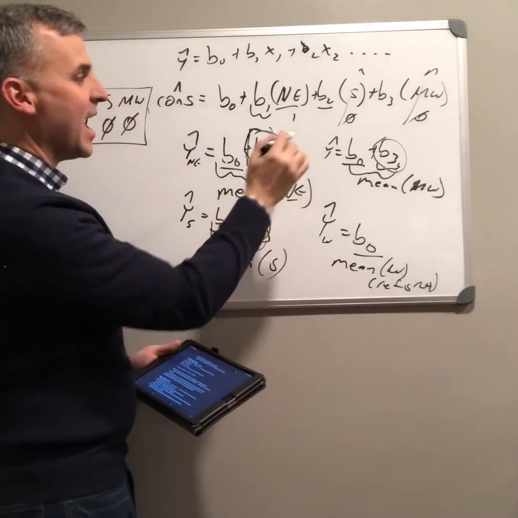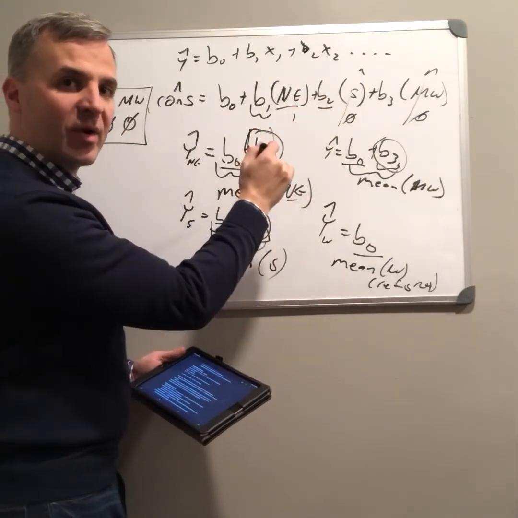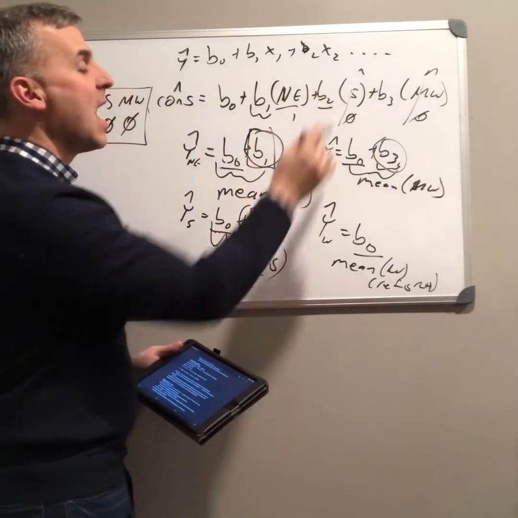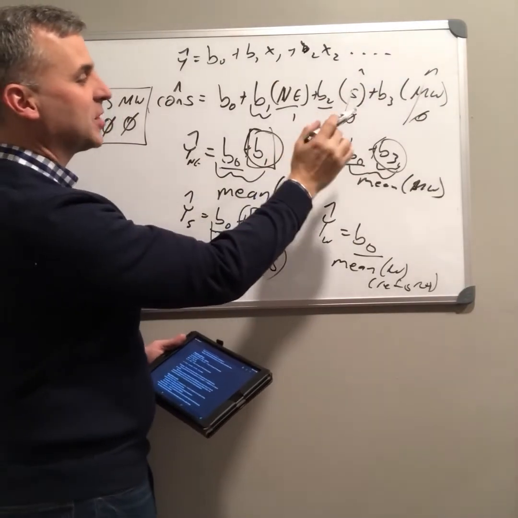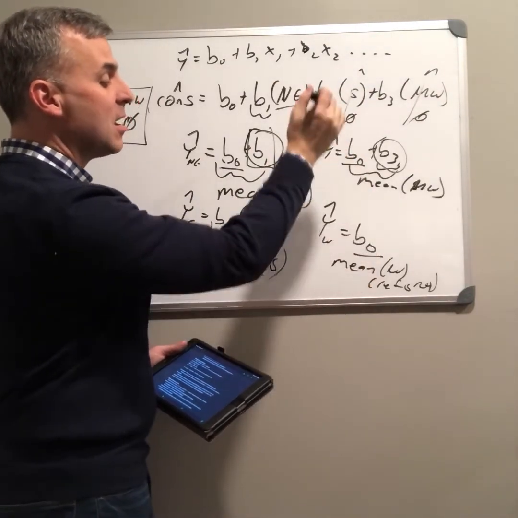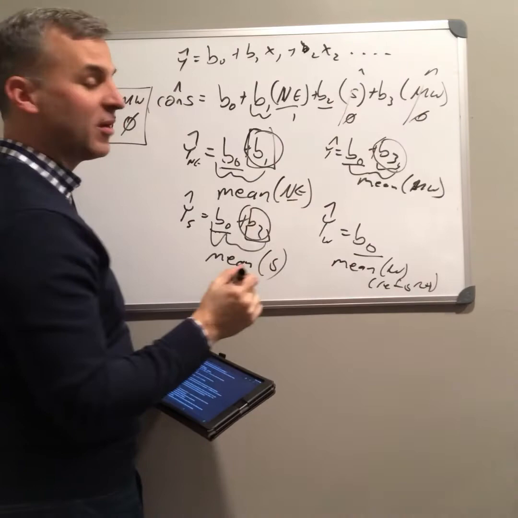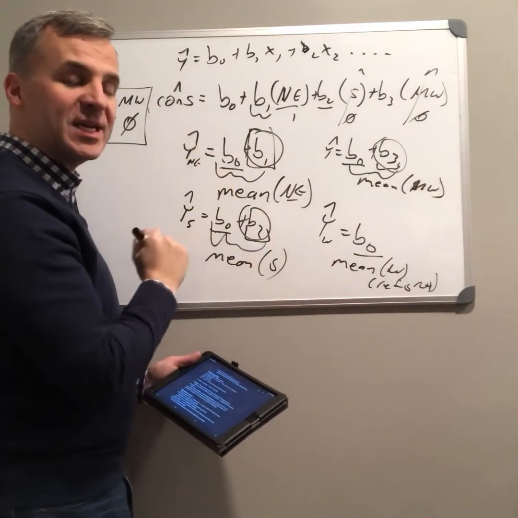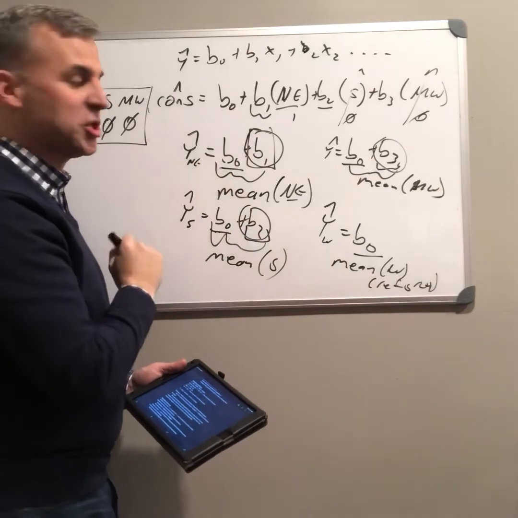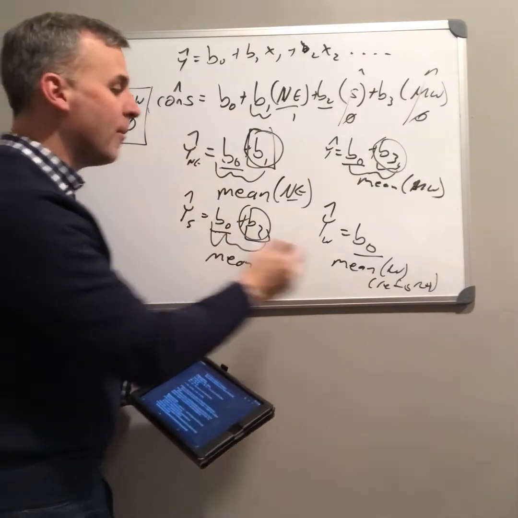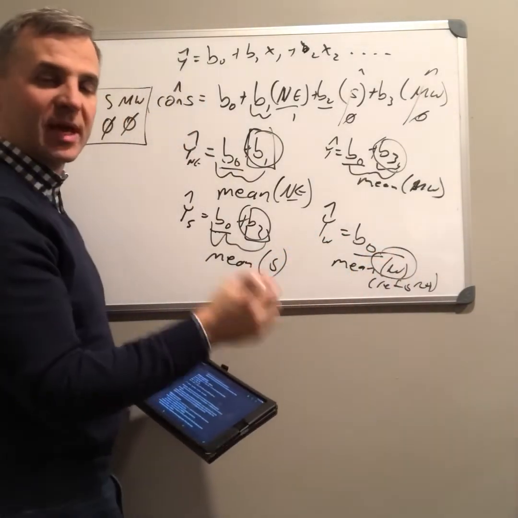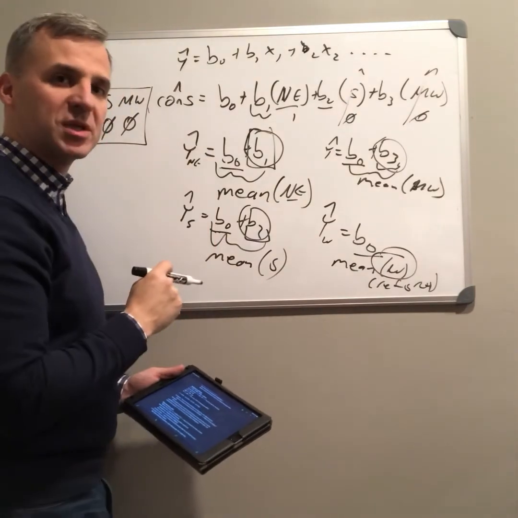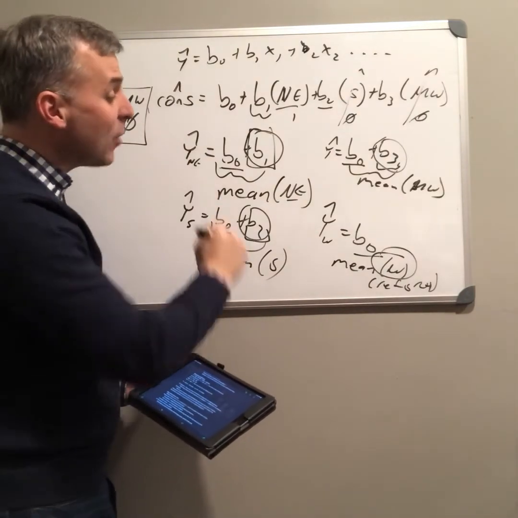For B2, we interpret that as the difference between being from the reference group and being from the South. And for B3, we could interpret that as the difference in means between being from the reference group or being from the Midwest. Those are the interpretations for each of our regression coefficients here. It's all about the reference group. And so we want to keep that in mind when we're choosing the reference group. This is how we calculate the means.